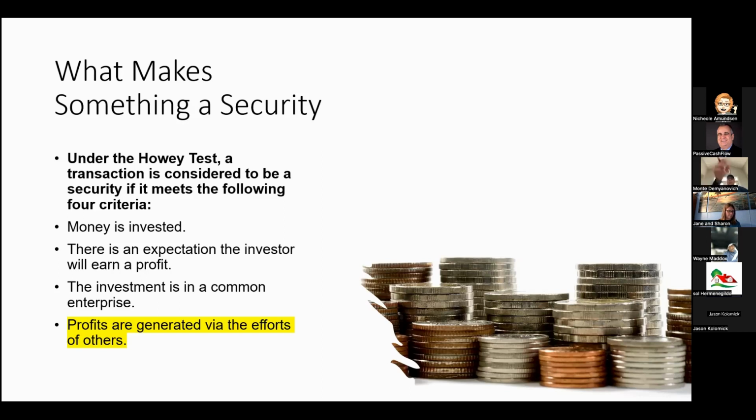So they're a passive investor. They're a limited partner, so to speak. If they don't have any decision-making authority, if whether they make a profit or not is dependent upon you as the issuer, then it is a security.